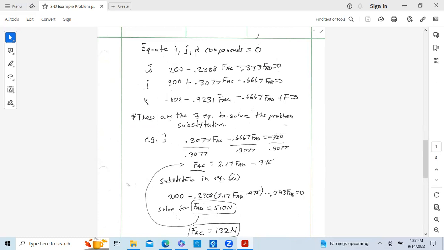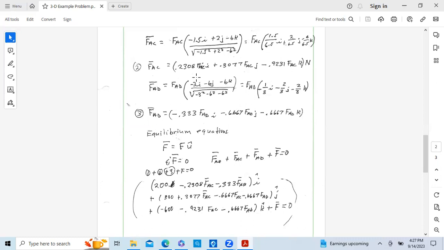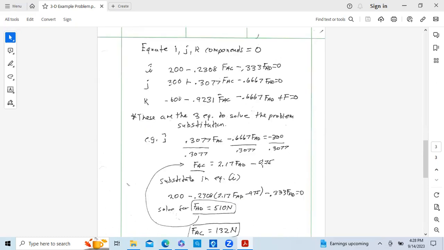Okay, so here are the 3 components right here. I add all the I components together, so I go back to these 3 equations and pick out the I. Here's an I. And we'll go back to the equations. Yeah, 203 I. So we set the I, j, k components equal to 0.